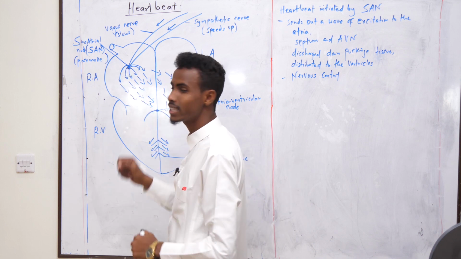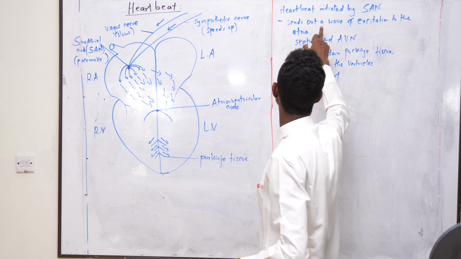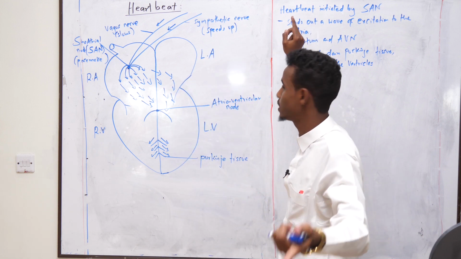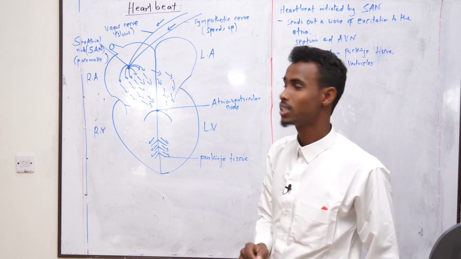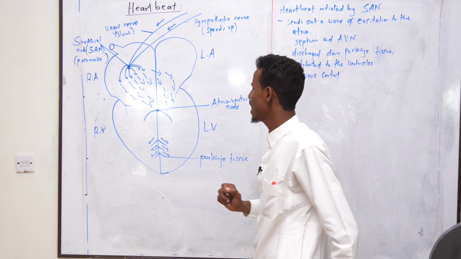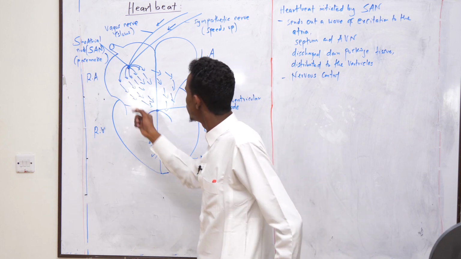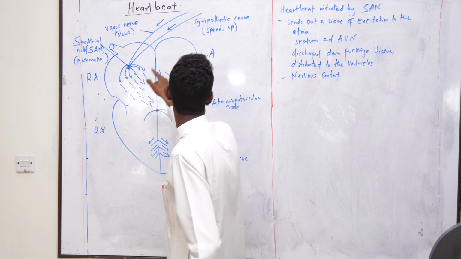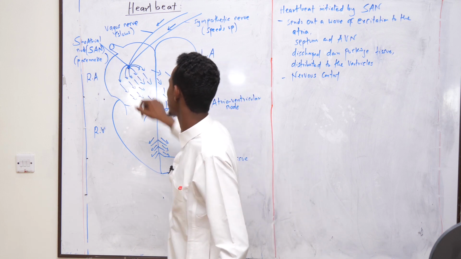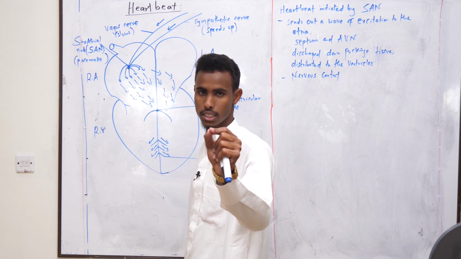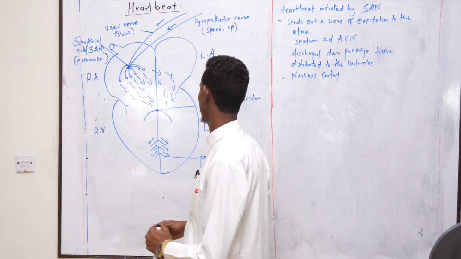Now, the sinoatrial node initiates the heartbeat. How does it initiate the heartbeat? It sends out waves of excitation to the atria. The sinoatrial node initiates the heartbeat by sending waves of excitation to the atria.